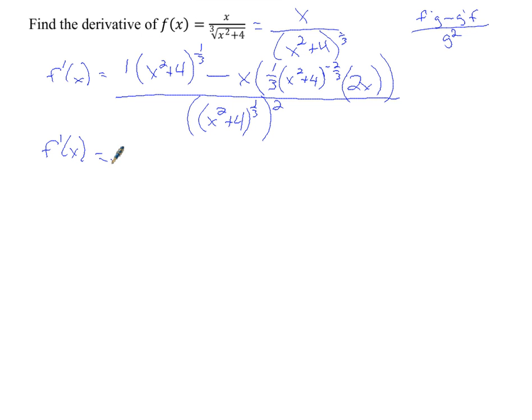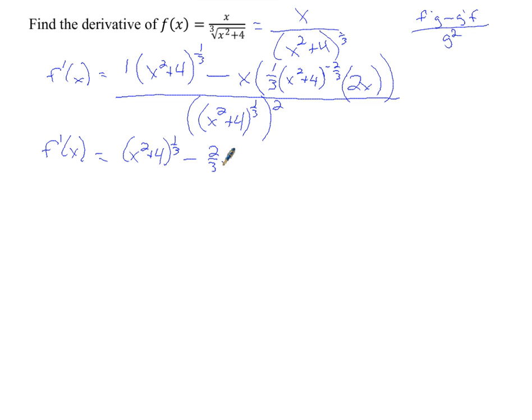This first term turns into what? Okay. Minus. The second term will simplify. This is all multiplication here. It's a negative x times a positive 1/3 times a positive 2x. So 1/3 times 2 is 2/3.